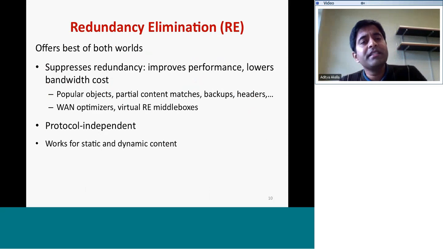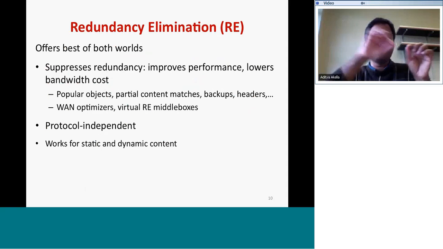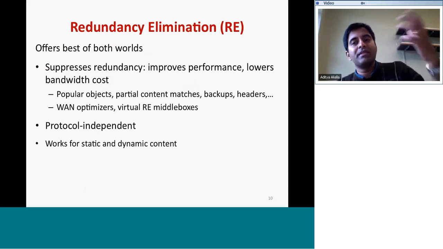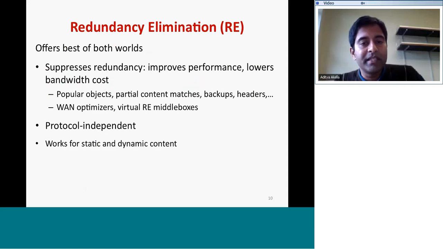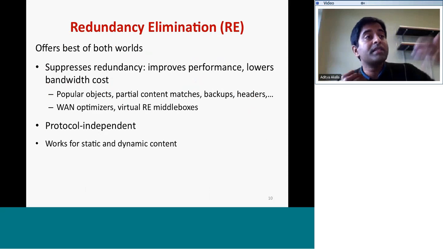what these devices do is that they basically suppress the redundancy in the traffic exchanged across this wide area link between the enterprises and the remote data centers. They remove popular objects. They can remove partial content matches, headers, and there may be backups of things going on and so on. And in addition to WAN optimizers, there are also virtual redundancy elimination middle boxes that cloud providers are offering, or existing middle box vendors are offering for the cloud.